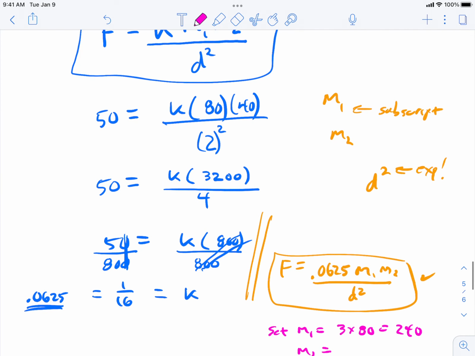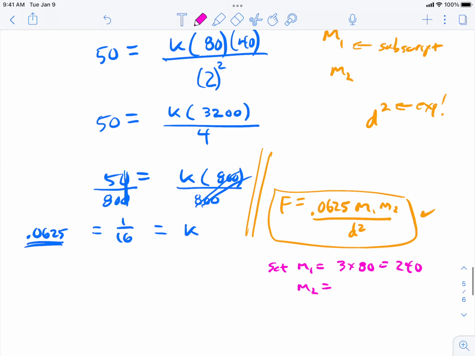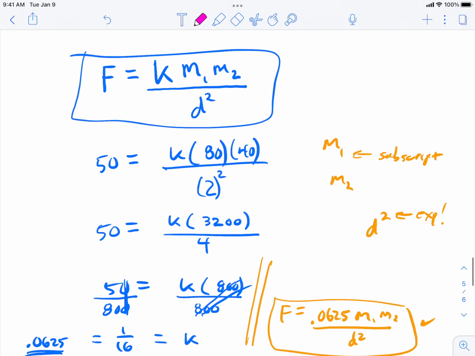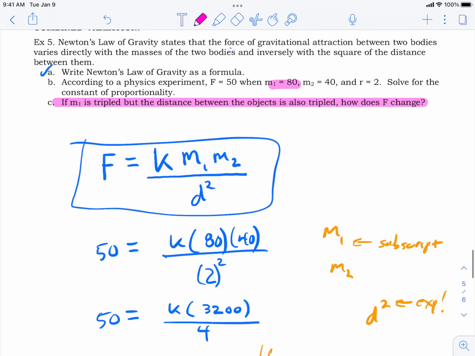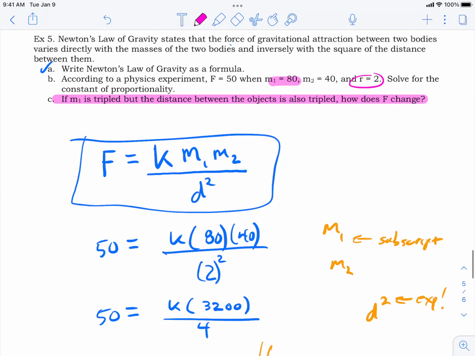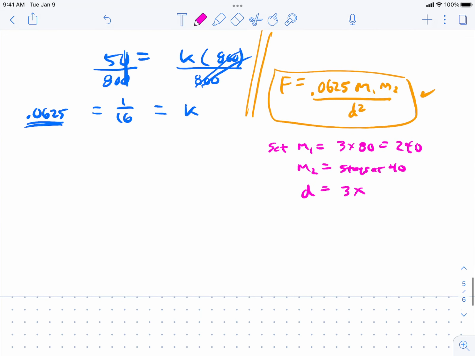So M2 stays at 40. But the distance between them also triples. So it used to be 2, didn't it? Distance used to be 2, but they're saying the distance is tripled. So it's going to be 3 times 2. The distance is going to become 6. So I'm using a 240, a 40, and a 6 now.